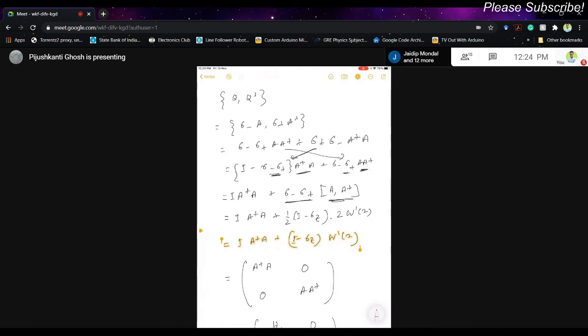So this is some kind of degeneracy. H1 and H2 are different Hamiltonians, right? But H is a single Hamiltonian, and then there is a symmetry, supersymmetry.